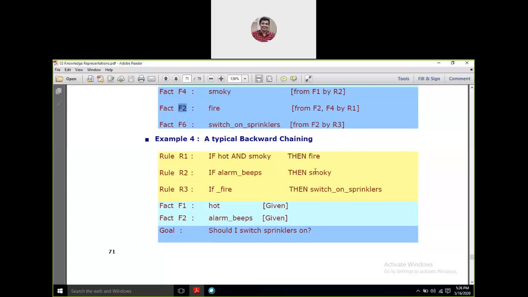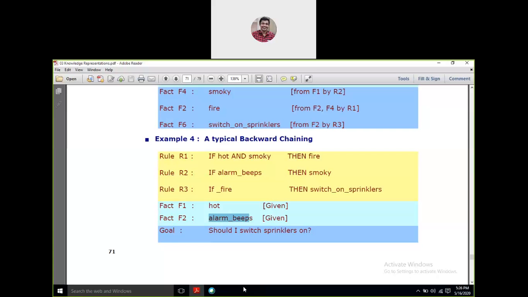Now, there is another case of typical backward chaining. In case of backward chaining, here the rule base is not asking you to add something. Rather, what has been done here is, you do have the first rule: if it is hot and smoky, then it is fire.